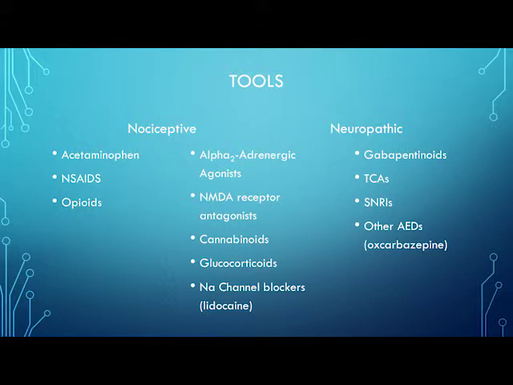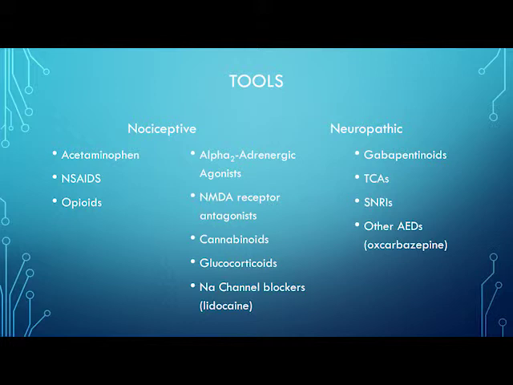Awesome, yes. So while I've separated this slide into two sides of nociceptive and neuropathic, there are a couple of things that have good coverage in both areas, or at least some coverage in both areas. So the alpha-2 adrenergic agonists like clonidine or dexmedetomidine, Precedex being like the IV version.